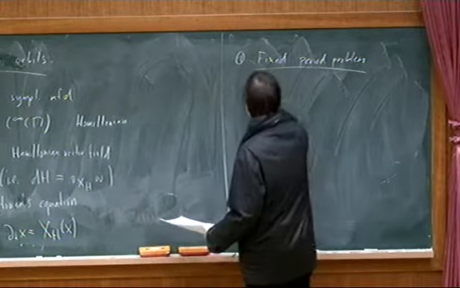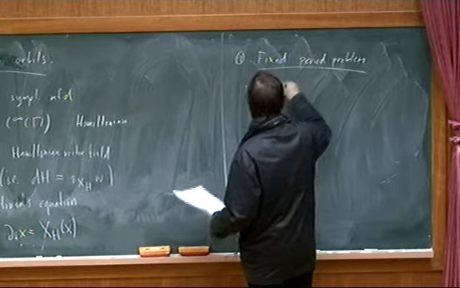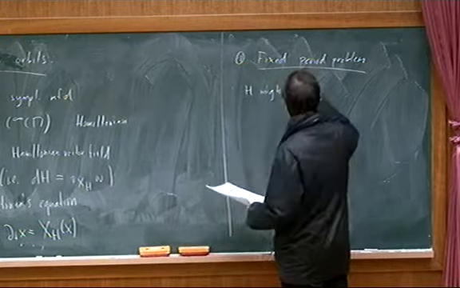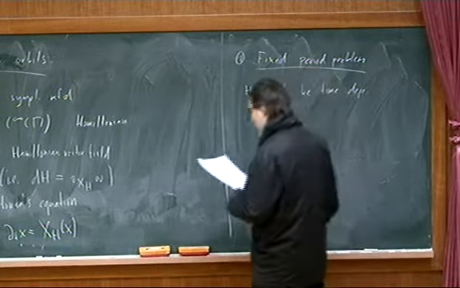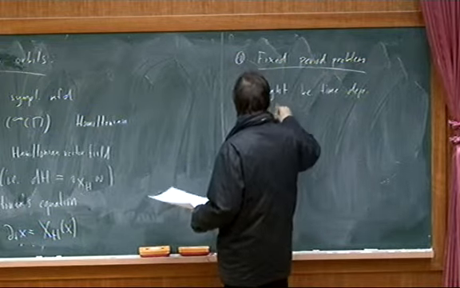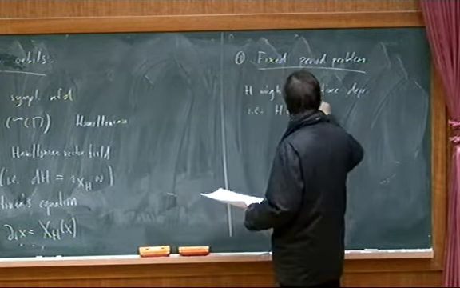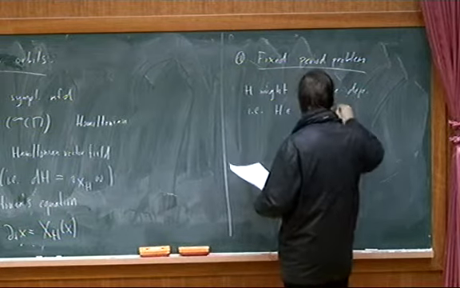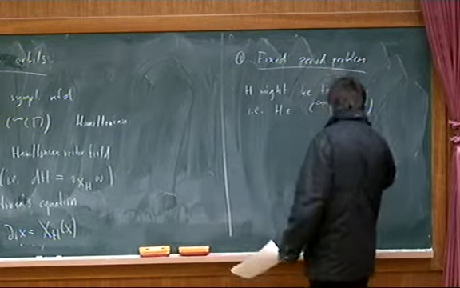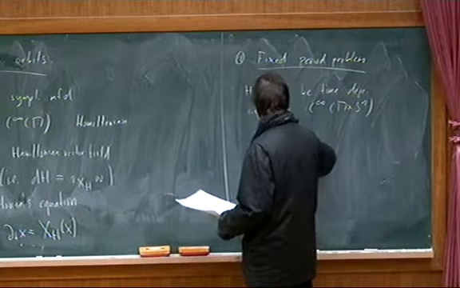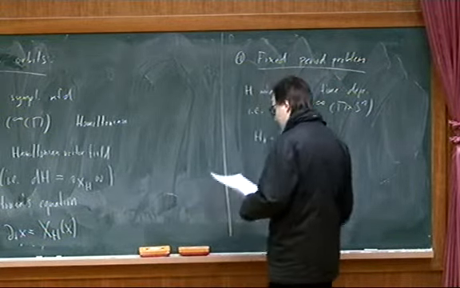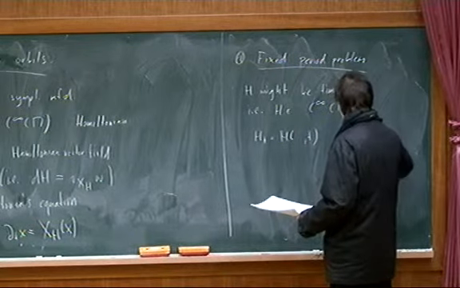So H might be time dependent, i.e., let's assume it's periodic, so it's a function on M times the circle, and we abbreviate H_t as H evaluated at t.